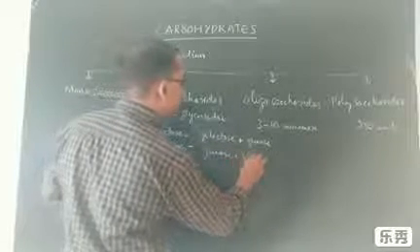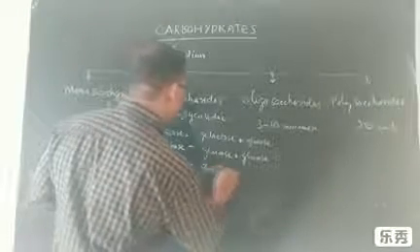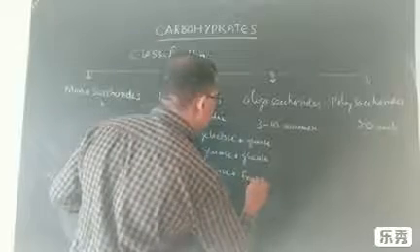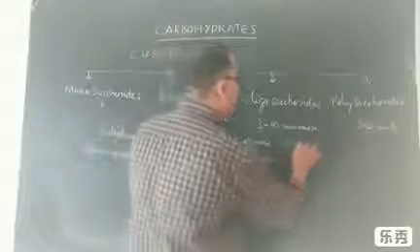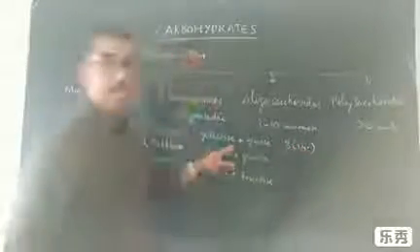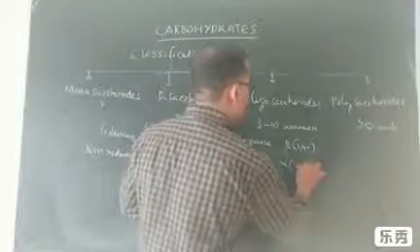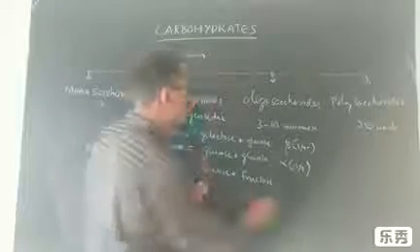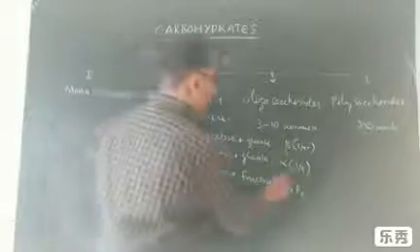Sucrose contains a glucose unit plus a fructose unit. Galactose and glucose in lactose are joined by beta 1,4 glycosidic linkage. Maltose is formed by alpha 1,4 glycosidic linkage, and sucrose is formed by alpha 1, beta 2 glycosidic linkage.